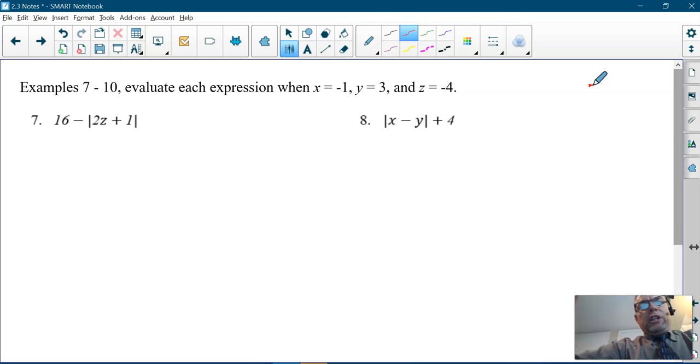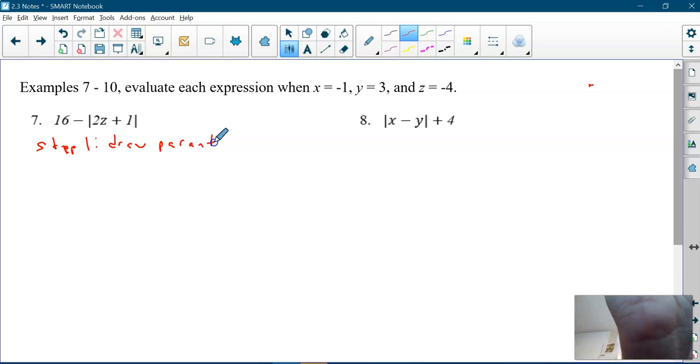All right. Problem number 7 says, evaluate 16 minus the absolute value of 2z plus 1. Remember, absolute value is a grouping symbol, so when we go to evaluate this, we're going to have to do that first. Now, here's my suggestion. Step 1, and I'll write this down because I think it's that important, is to draw parentheses around all variables. I'm writing slowly so I can have decent handwriting.